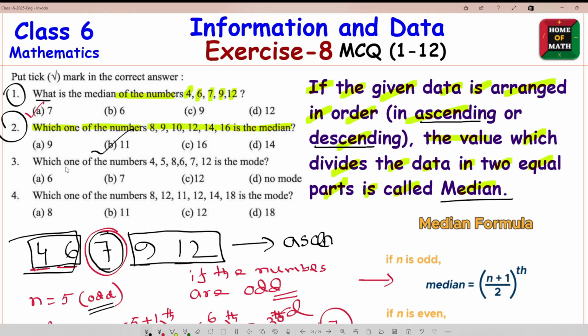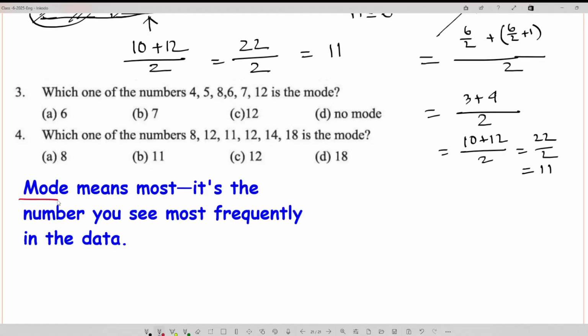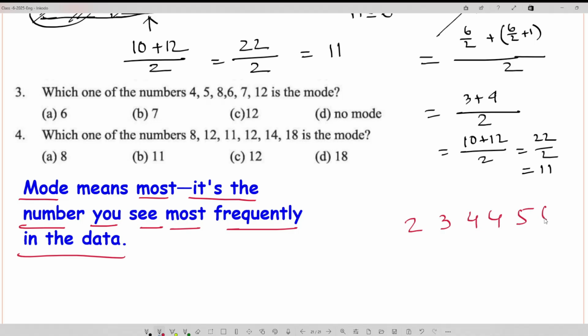Now number 3. Which one of the numbers 4, 5, 8, 6, 7, 12 is the mode? In this case we also have to think about what mode is. Mode means most. It's the number you see most frequently in the data, like 2, 3, 4, 4, 5, 6.